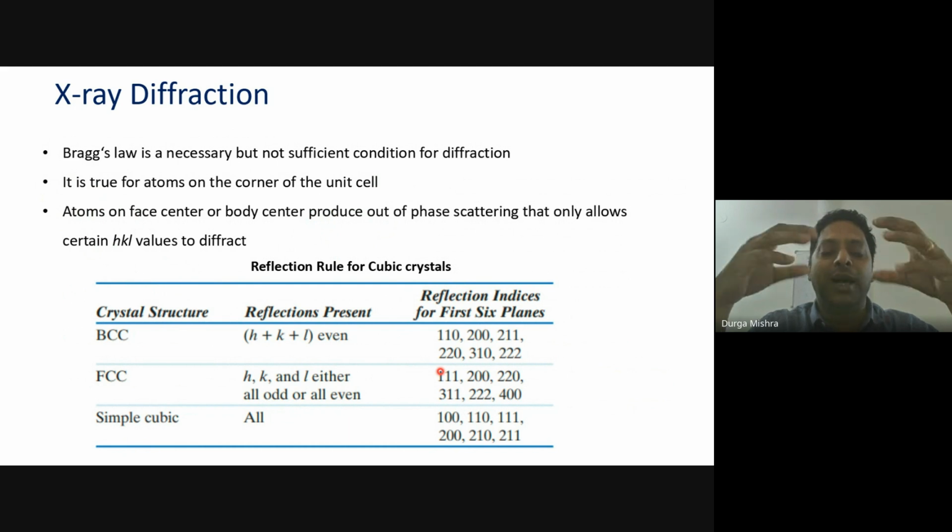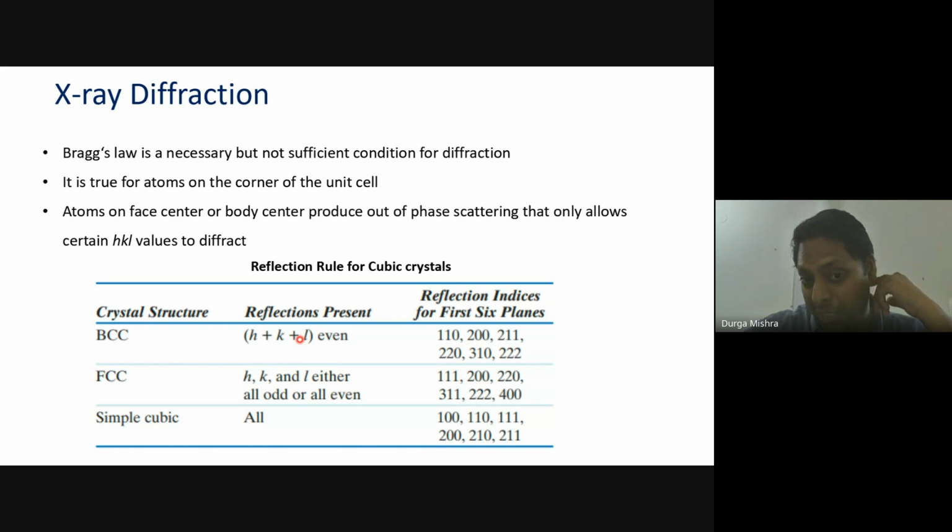So this leads to an additional rule, which is known as the reflection rule, which can be derived easily for cubic crystals. So if I take, for example, a BCC crystal structure, and I have an hkl plane, these hkl are the Miller indices which represent the set of planes that we are talking about. Now, if this h plus k plus l is even, then only we will have a constructive interference.